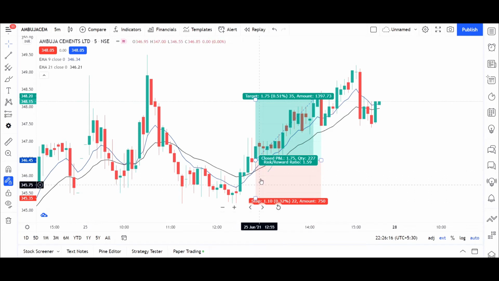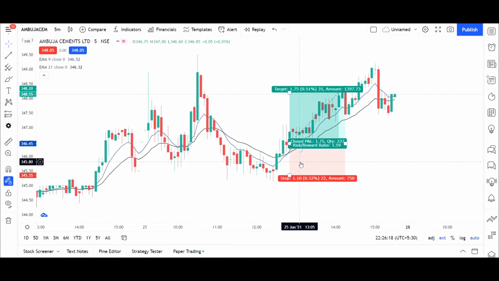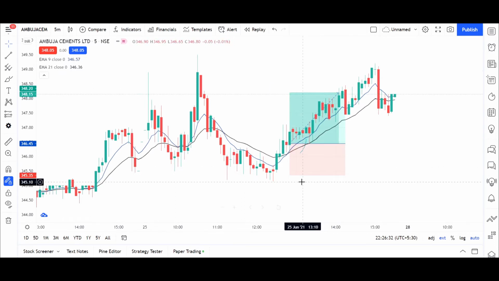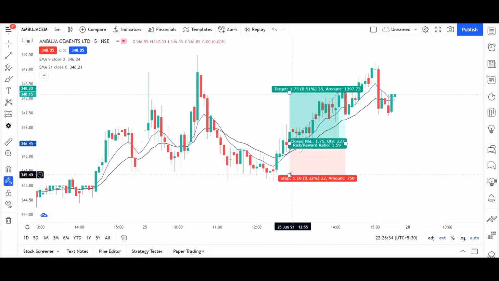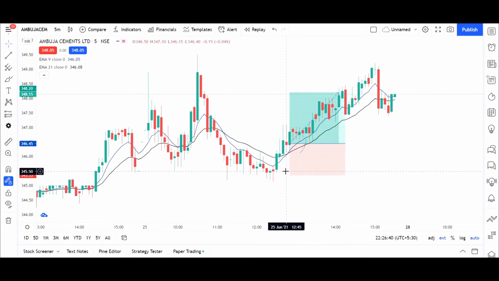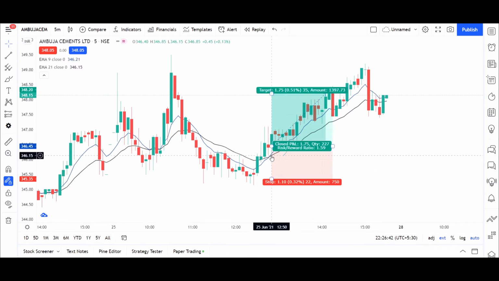What I have seen in a lot of these EMA trades is that it breaks down, takes support from around 0.25 points below the 9 EMA, and goes straight back up. So in that case, to not hit your stop loss, a suggestible stop loss could be 0.30% below the 9 EMA, okay? So a stop loss and a target price is a must.